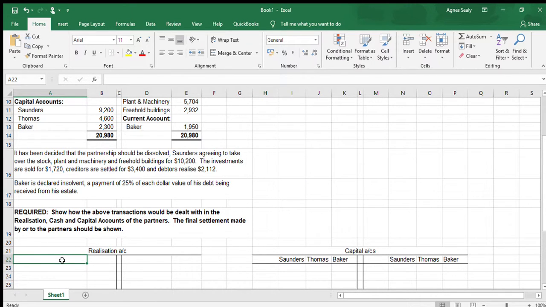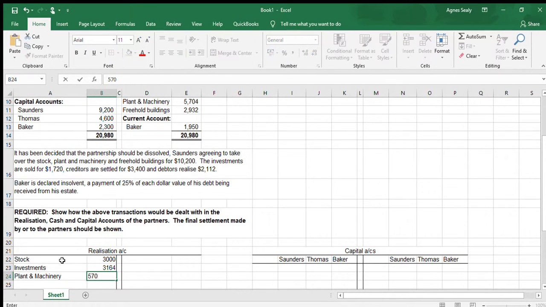So we're going to transfer our stock at $3,000, our investments at $3,164, our plant and machinery at $5,704, and our freehold buildings at $2,932.